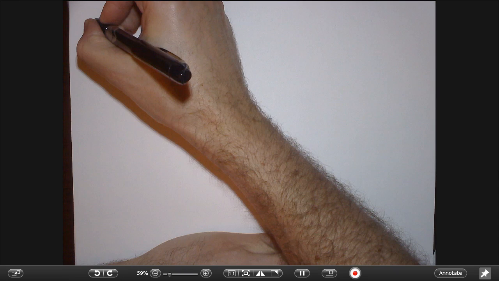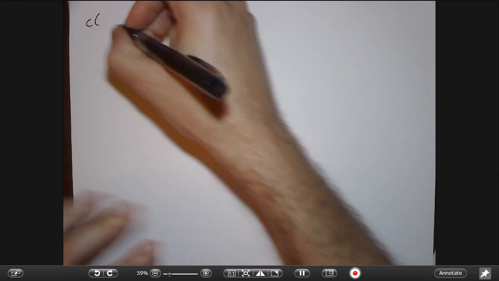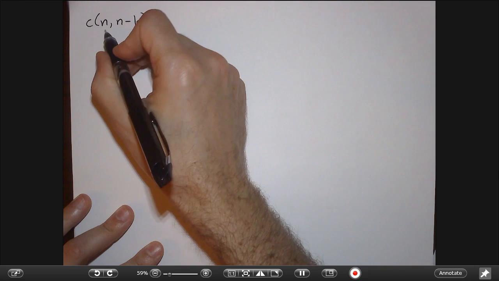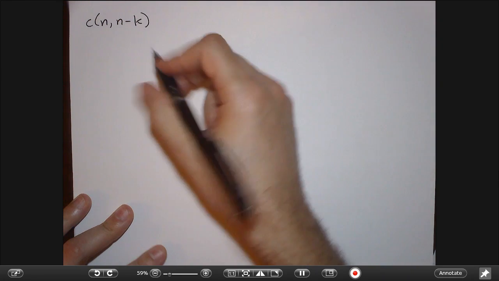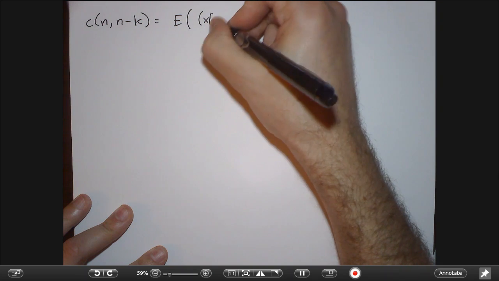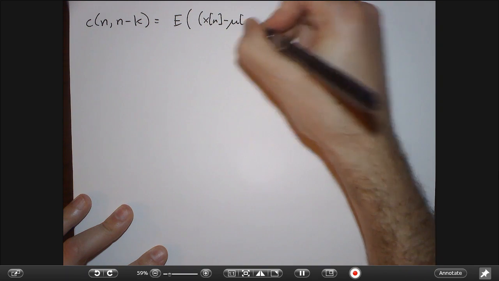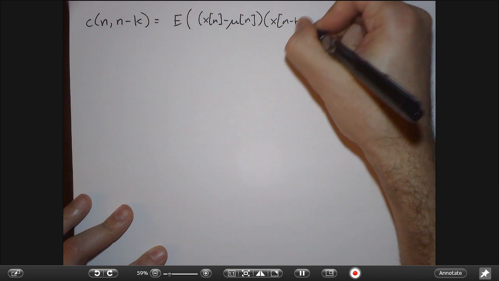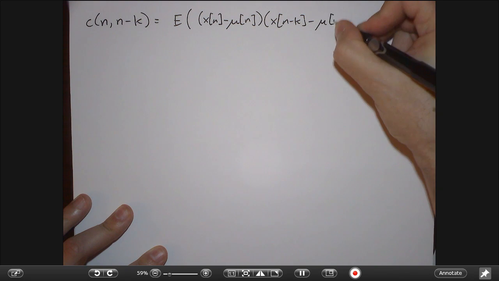So this is called the autocovariance. So I'd have something like, how are the variables at time n and time n minus k related? That's given by the expected value of this guy times the expected value of this guy.